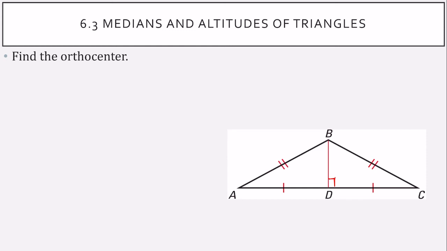How am I going to draw the next one? Well, what we're going to do is extend the side, and then draw a segment perpendicular to that side, to that extension.